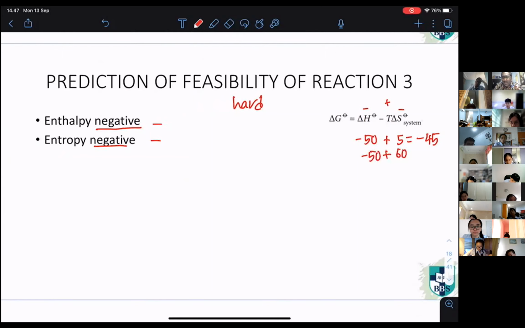Why do I get a bigger value? Because of the temperature. If the temperature is higher, maybe I get 60. What will happen? I am going to get positive 10. You see, sometimes it can be spontaneous, sometimes it is going to be non-spontaneous. So this one is hard to predict. I will teach you also, I think I taught you also, how to predict them.